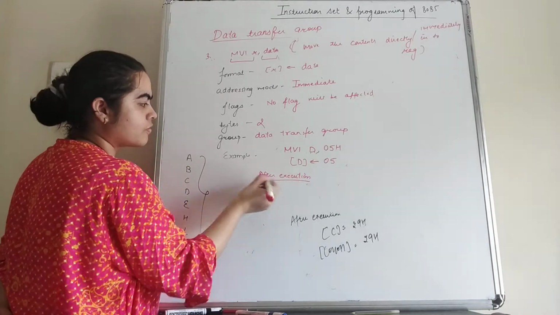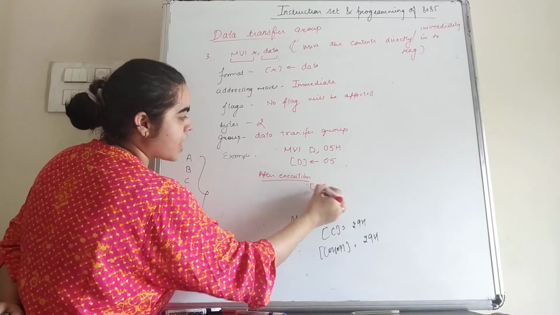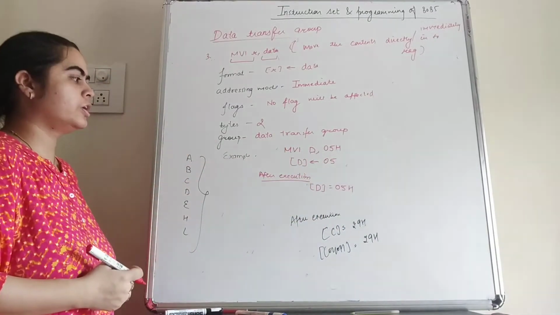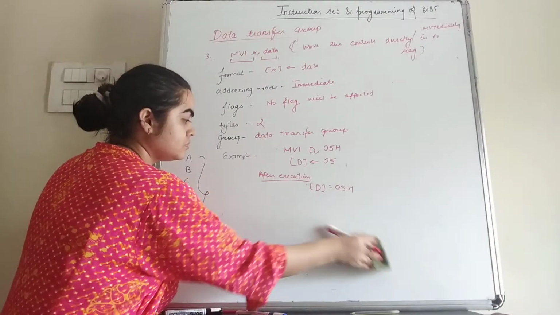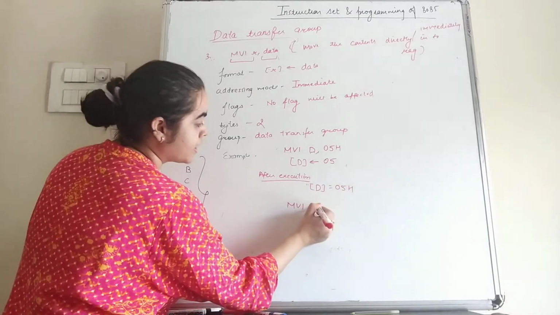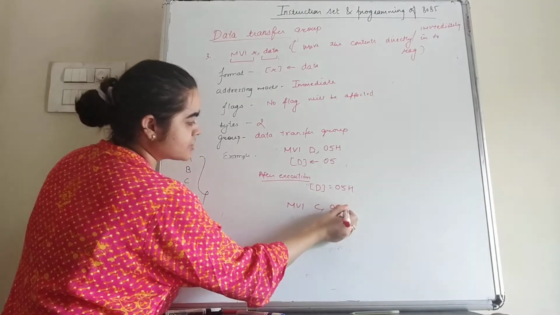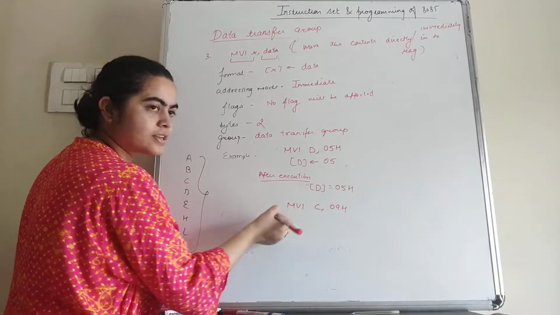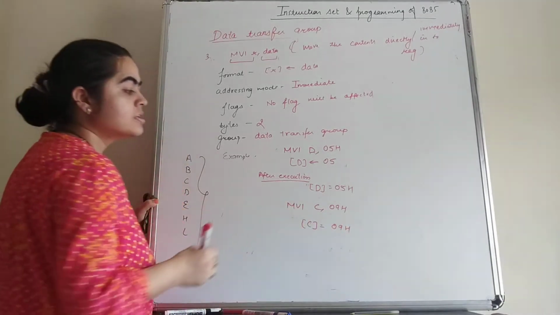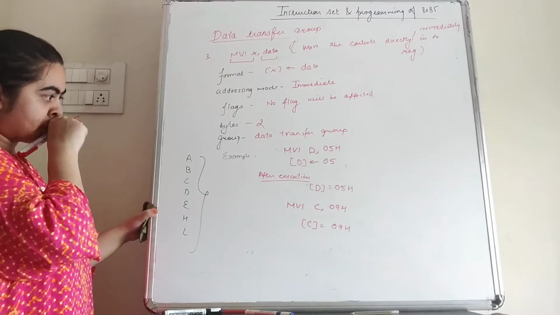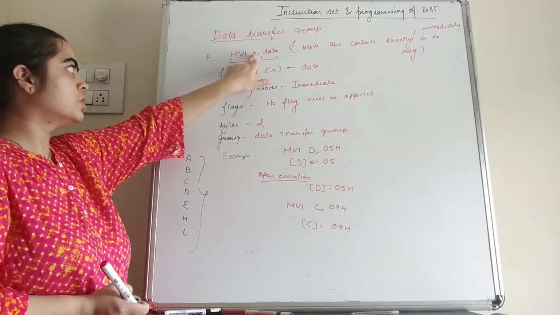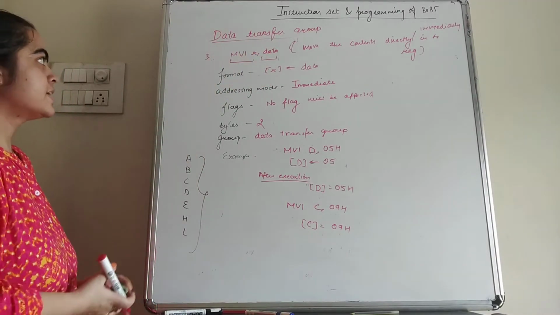D has the value 05H, so this data is immediately moved into register D. Next example: MVI C, 09H. After the execution of this instruction, the contents in the C register are 09H. Immediately the data is transferred into the register on the destination side.